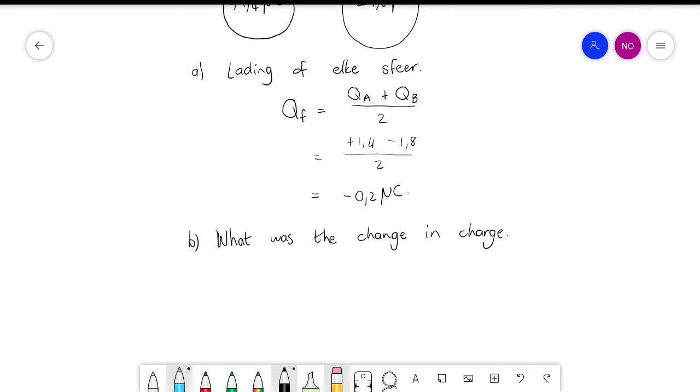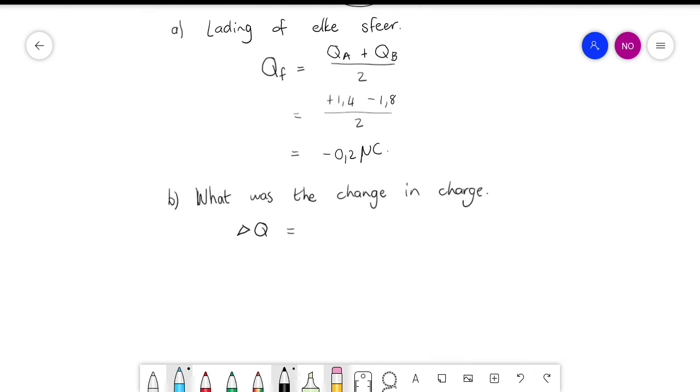Julle is reg? 'n Driehoekie. Onthou julle hom? This means change in charge. And when we're talking about change, we always say the final minus the initial. Wat was die verandering in lading? So when we're talking about change, it's always final minus initial. Always, always, always final minus initial.